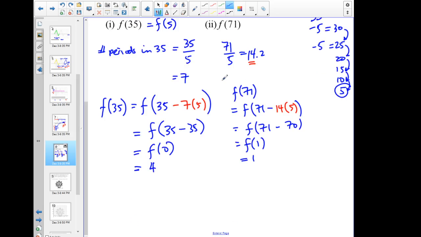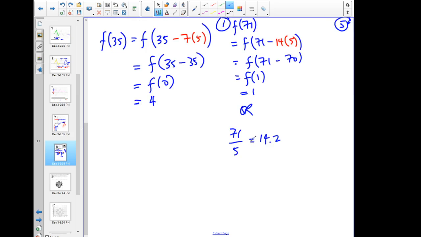And that is method number 1. Or we could have said that 71 over 5 is equal to 14.2. And so now I'm going to take the 0.2. This one you have to have a pretty deep understanding to do comfortably.